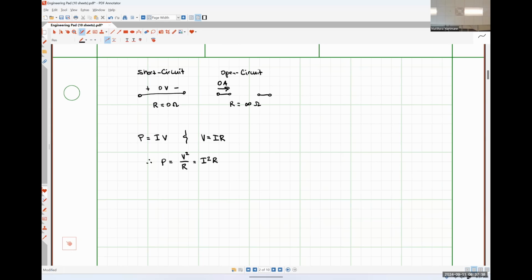For conductances, our power is still going to be I times V, but our Ohm's law is a little bit different. For conductances, Ohm's law looks like I is equal to V times G. From this, we can say that power is voltage squared times conductance, or current squared over conductance.